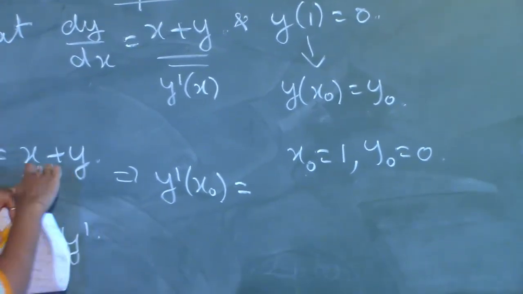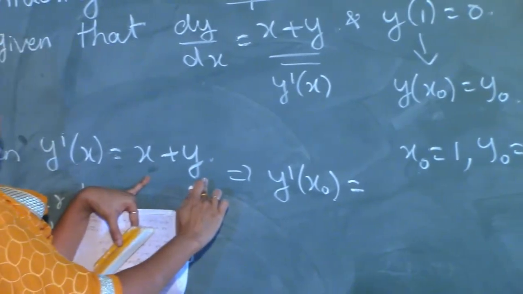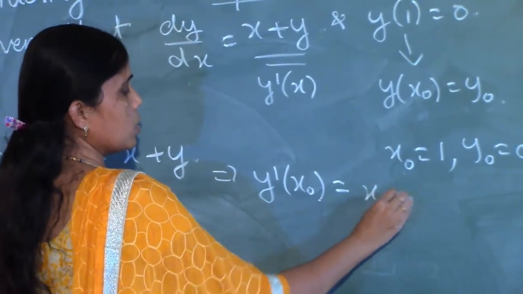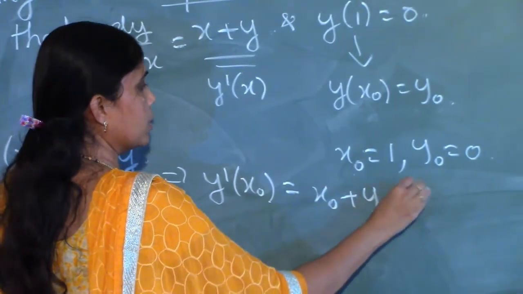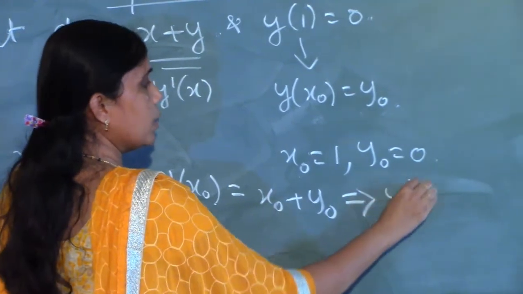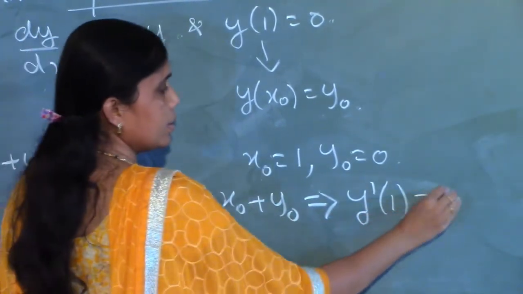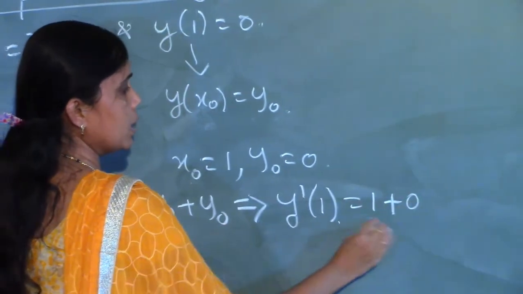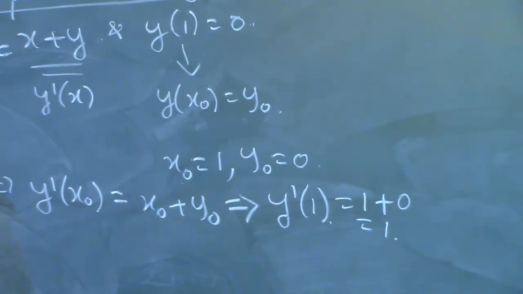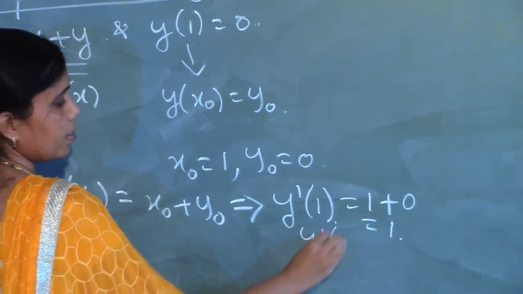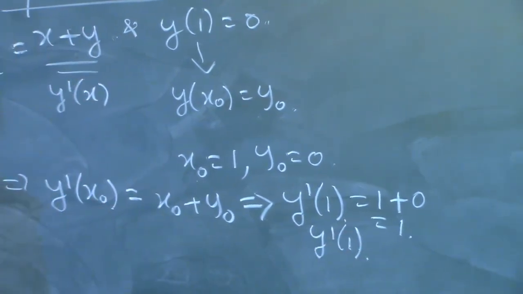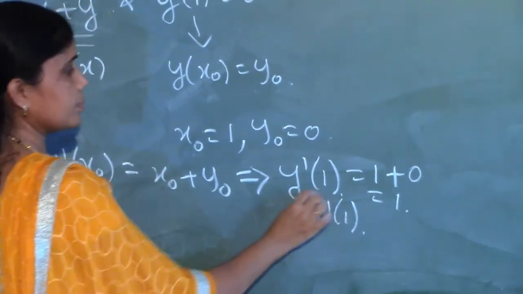So when x is equal to x naught, your y value will be y naught. So x naught plus y naught. What is your x naught value? X naught value is 1, y naught value is 0, 1 plus 0 is 1. That is y dash of 1 value is 1.